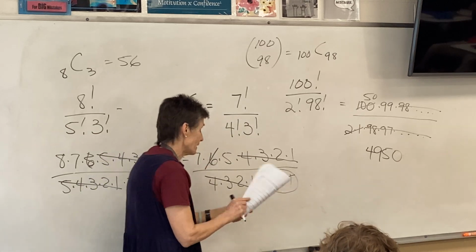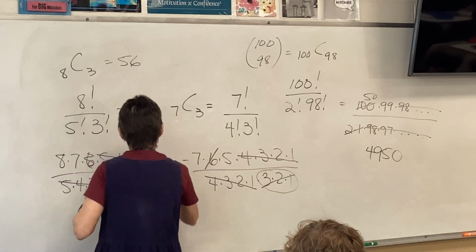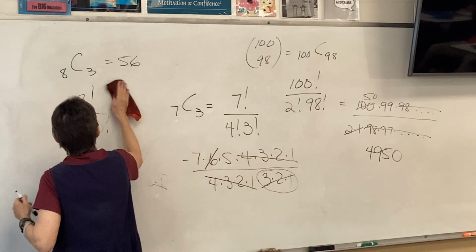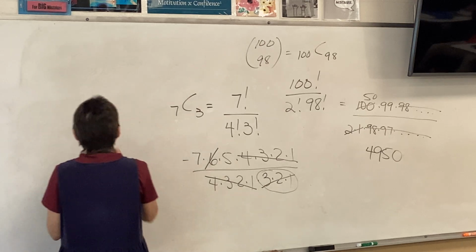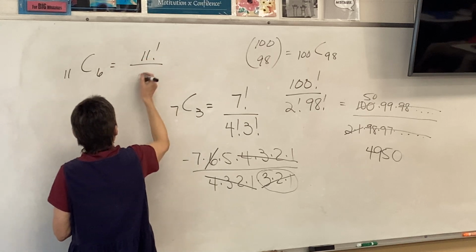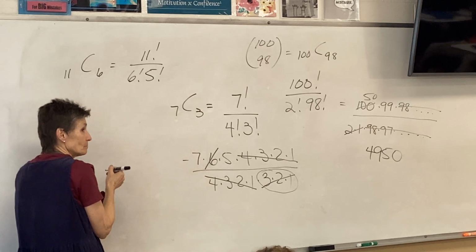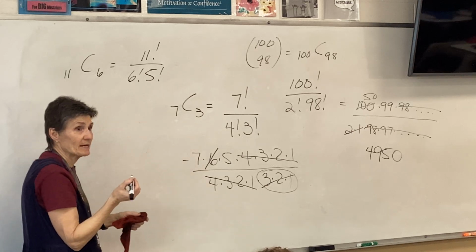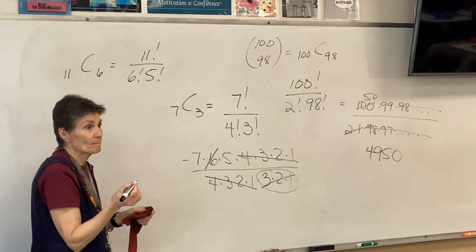All right, let's do 11C6. The setup that I need to see is 11 factorial over 6 factorial, 5 factorial. Okay, are we good on that? I just kind of did that automatically. Are we okay with that setup?